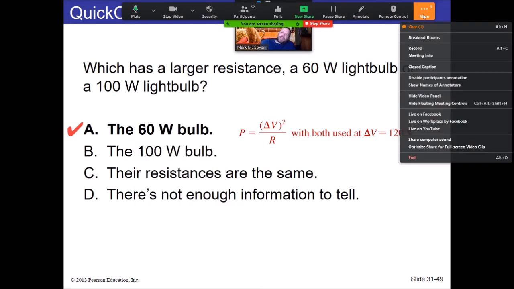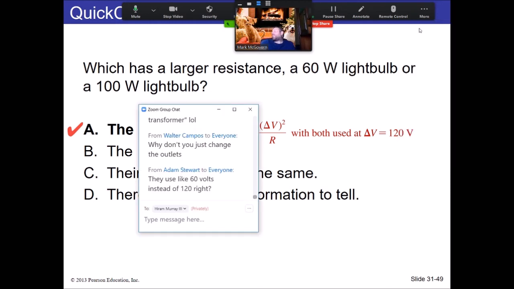I'm assuming you're bringing your whole house with you, your appliances and everything, your outlets, right? I don't know the details here. I'm assuming the wiring works the same, that they have the same kind of wire in there. No, they don't use 60 volts. Don't they use 210?